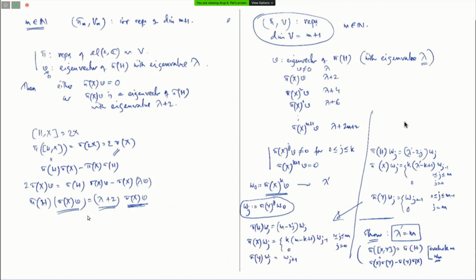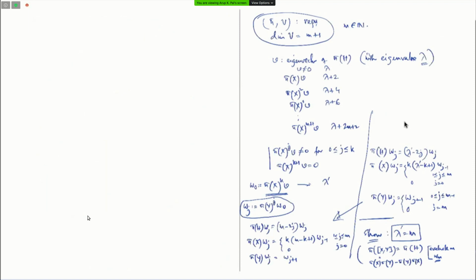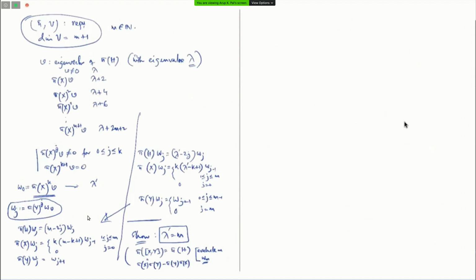But the point is that now you can make a change of basis so that it looks like the earlier pi m b m.